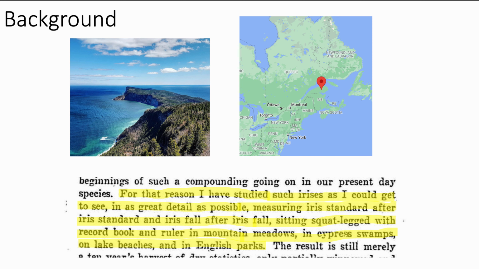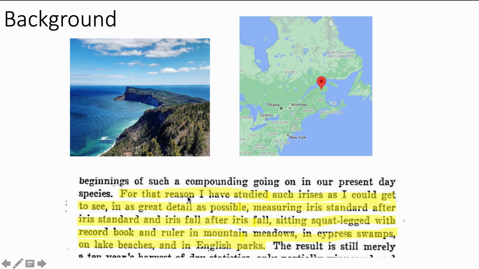When he collects measurements, for example, on the size of these flowers, every flower is going to have a slightly different size, but he believes that the variation within a species should be smaller than the variation between species. So the differences between different species of irises should be greater than the individual variation within a species. This is why he has been collecting that data.